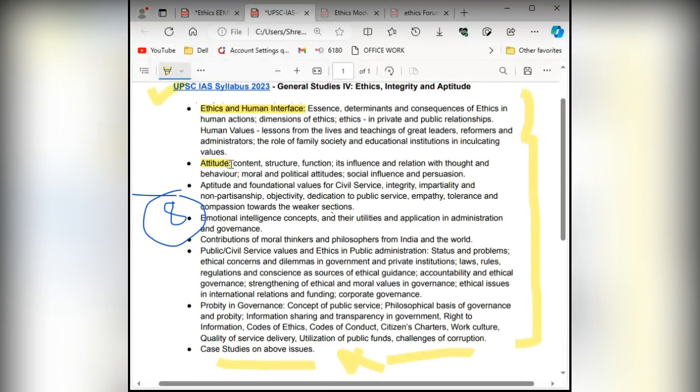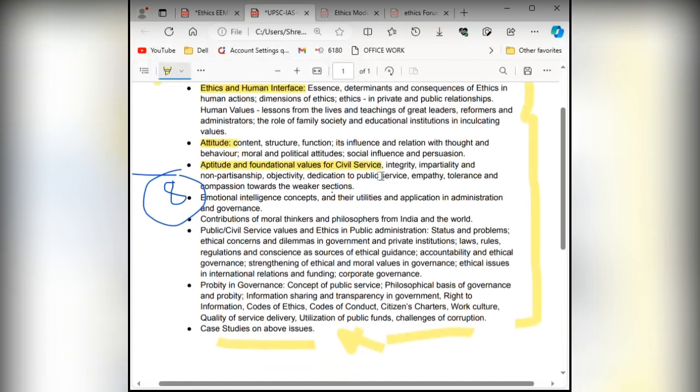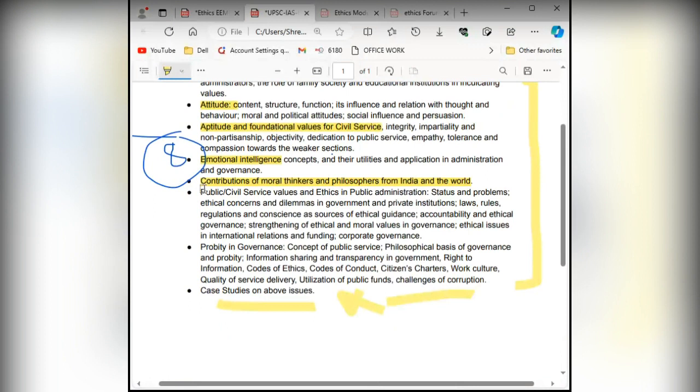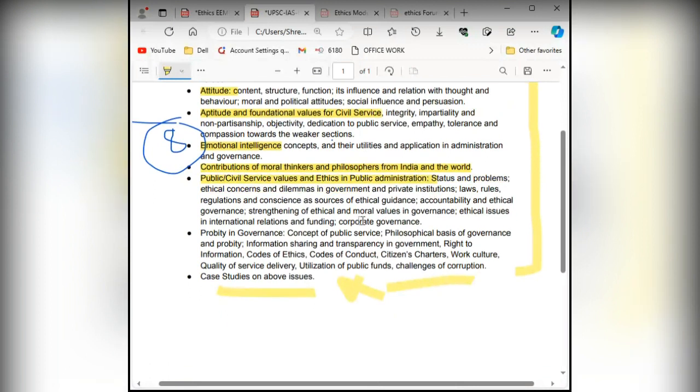The next one is attitude. The third one is aptitude and foundational values, including many values, which we will see later on. Then the next heading is emotional intelligence, then contribution of moral thinkers and philosophers from India and the world. Then public service values in public administration, followed by probity.